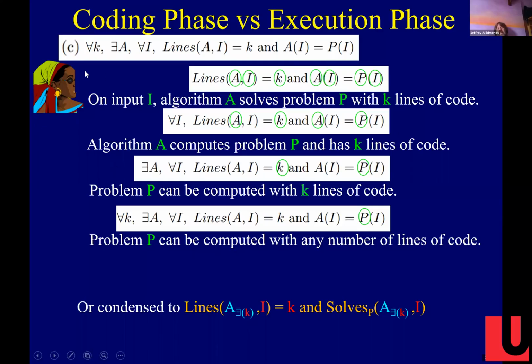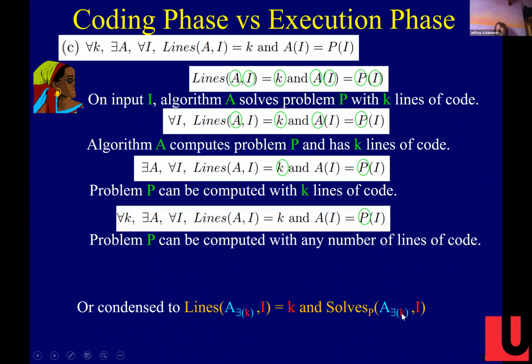What does this one say? It says, again, for every k there exists an algorithm. The same thing we said before, right? For every k, I can come up with an algorithm such that no matter what the input, the algorithm has k lines of code. That's as before. But we have a new thing. We also need that this algorithm solves the problem I, right, with these k lines of code.